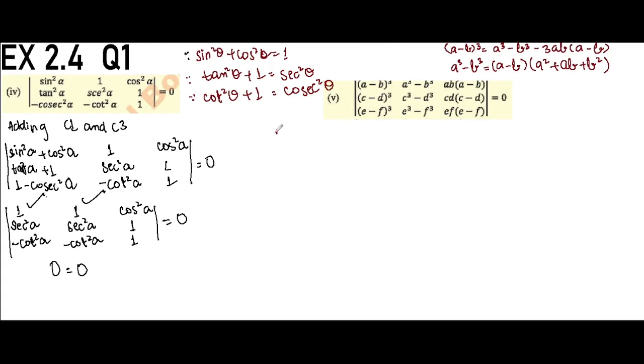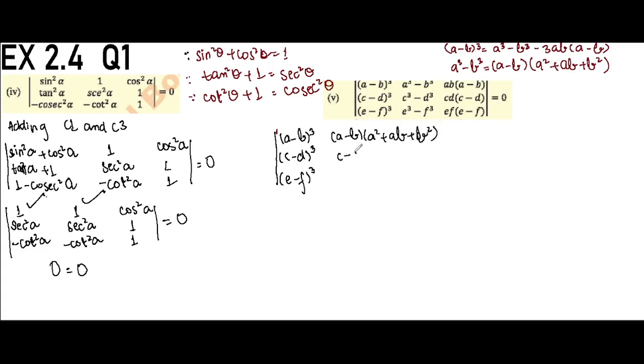So we have (a − b)³, (c − d)³, and (e − f)³. Then we have a³ − b³. We are going to use this formula and write it as (a − b)(a² + ab + b²).